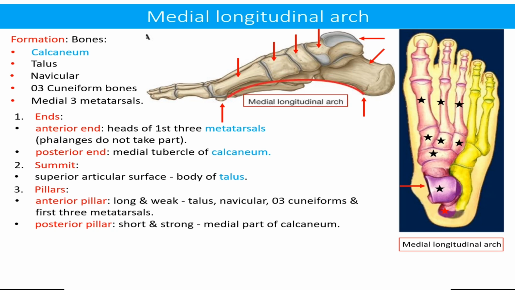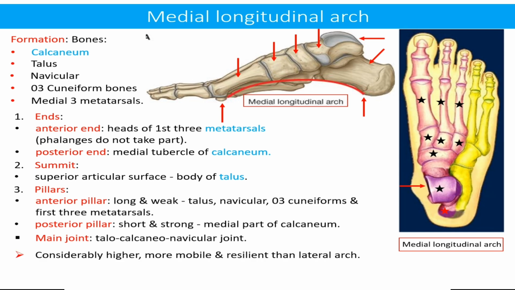Posterior pillar is short and strong and is made up of medial part of the calcaneum. Main joint of the medial longitudinal arch is talocalcaneo-navicular joint. Medial longitudinal arch is considerably higher, more mobile, and resilient than the lateral longitudinal arch.